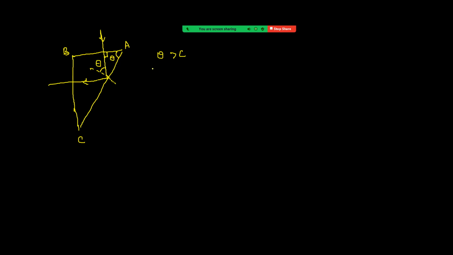Let us take sine on both sides. Sine theta greater than sine C. And we know that sine C equals mu rarer by mu denser. It is now traveling from glass to water, right?